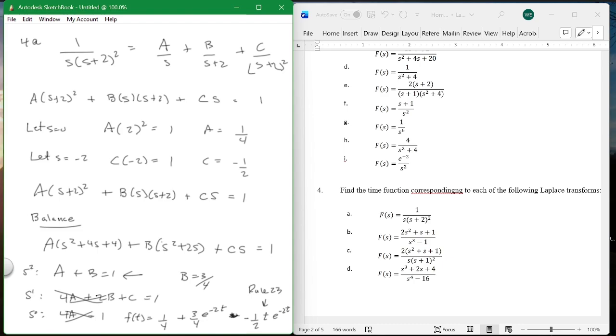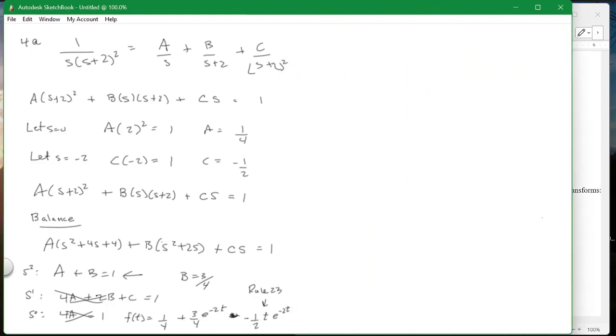Okay. Now, what does this function actually look like if you were to graph it? Okay, so you have a graph of a fourth, .25, plus e to the minus 2t, 3/4. So it starts here at 3/4 and goes down.